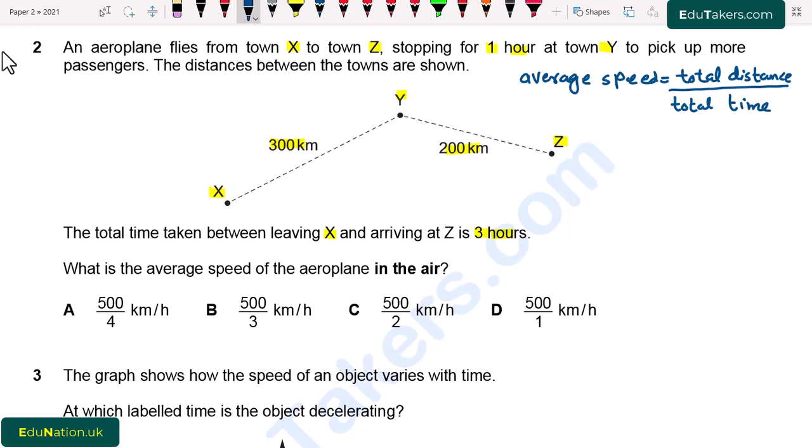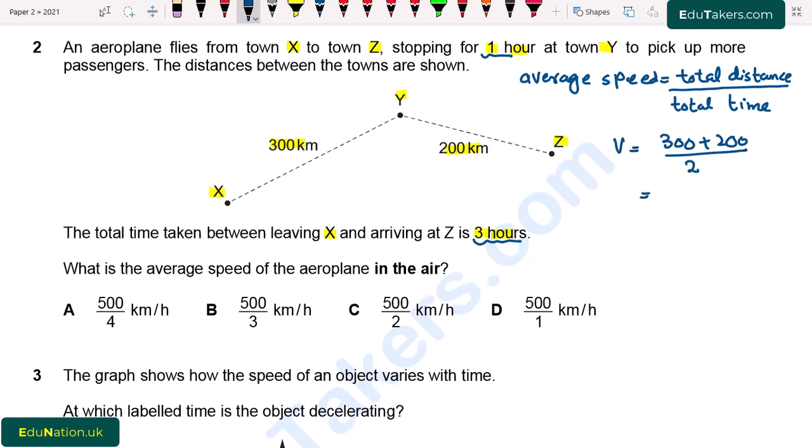Total time is given as 3 hours, but it is also given that the aeroplane stops for 1 hour at town Y. It means the time in the air will be 2 hours to cover the distance from X to Z. So I write here: average speed will be equal to total distance, 300 plus 200, divided by total time of 2 hours.